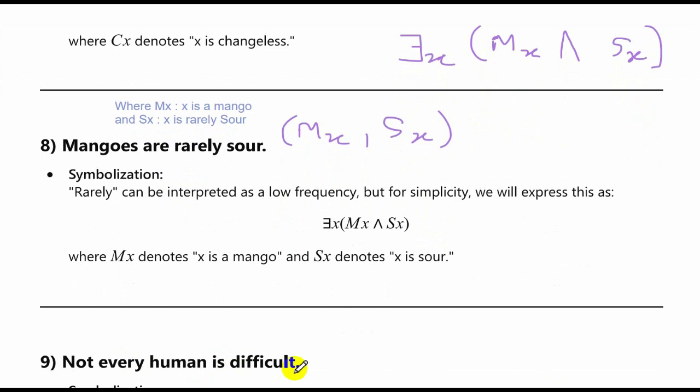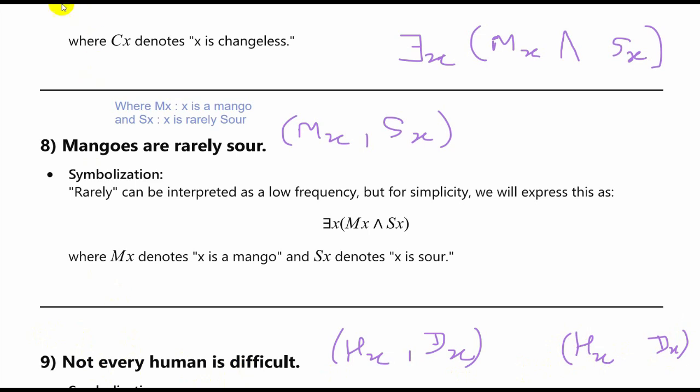Not every human is difficult. So they will give you HX and DX. First we put HX, DX at its place, then determine what quantifier to use. Not every human is difficult.